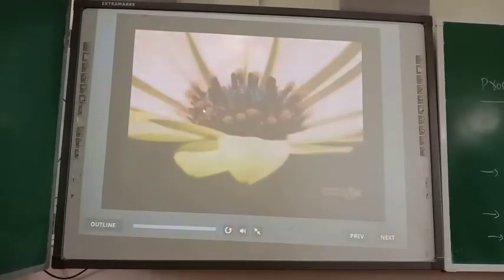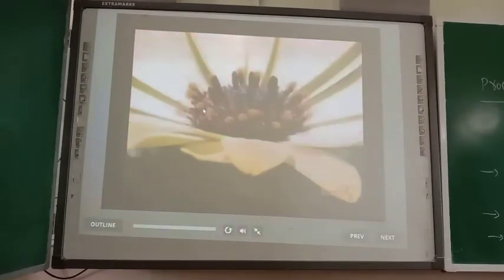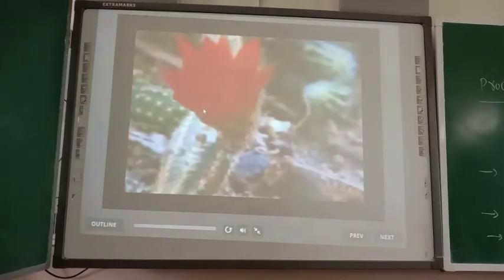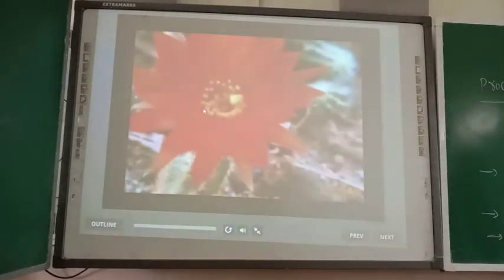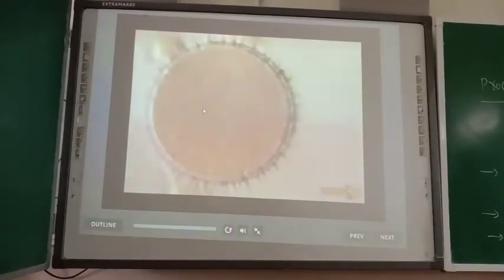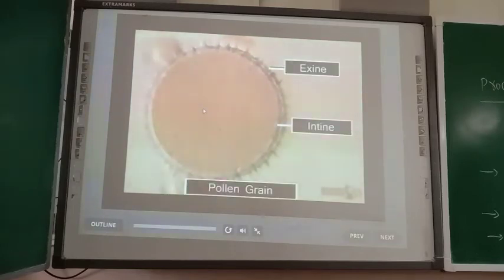Pollen grains are of various shapes and sizes and specific to a plant. These characteristics are hence useful in identifying the species. The wall or covering of pollen grains has two layers, outer exine and inner intine. The study of external morphology of mature pollen grains is called palynology.